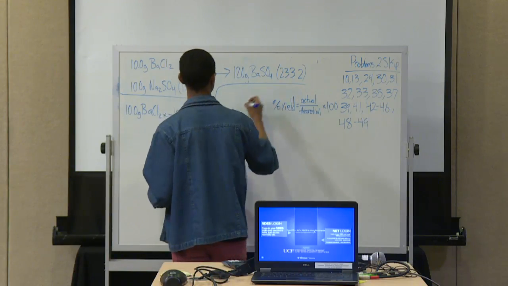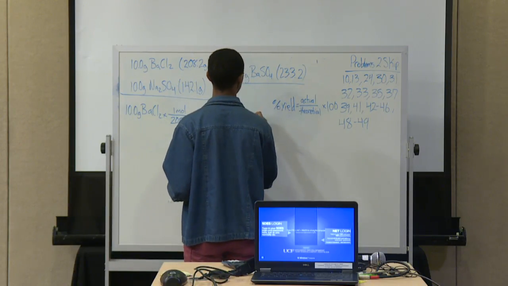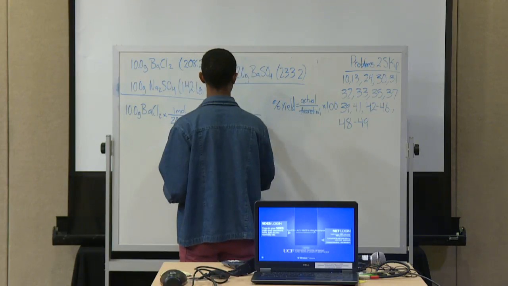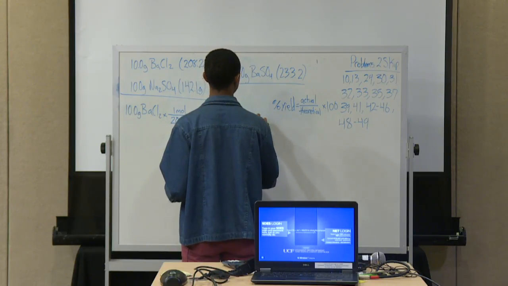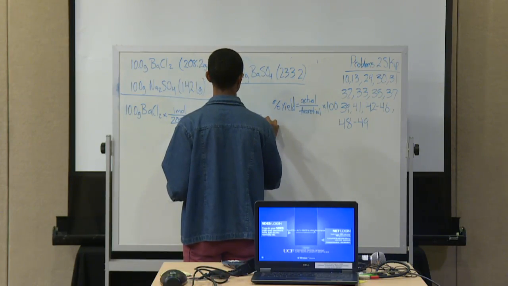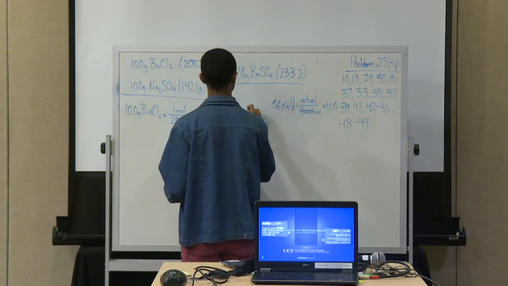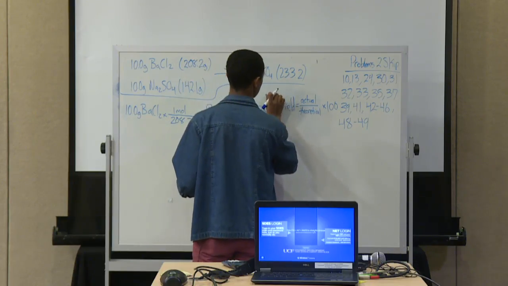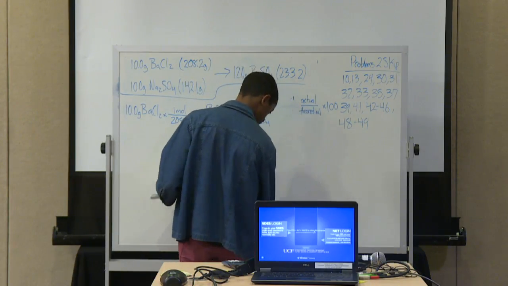Multiply that by the mass of BaSO4, which is right here. Let me erase this since we already know what that is.